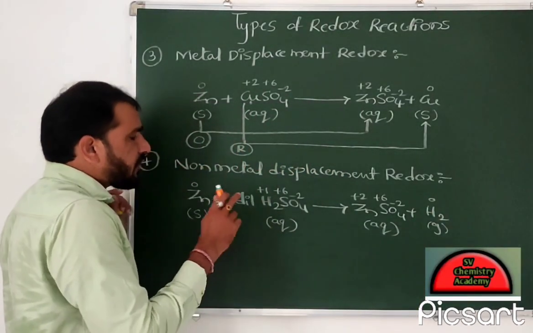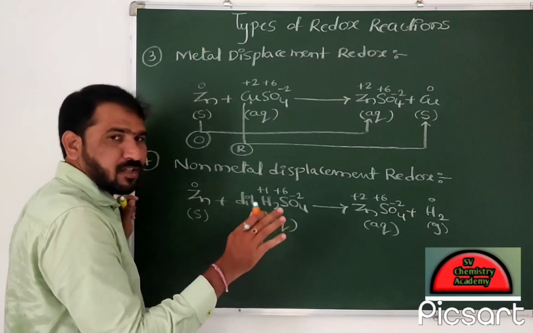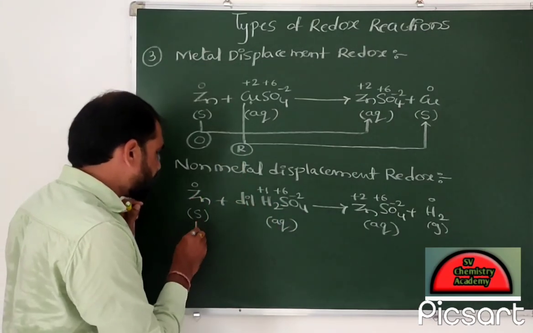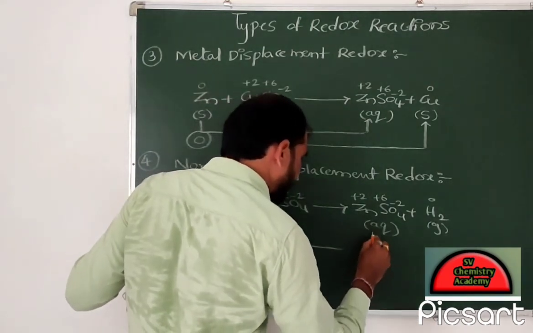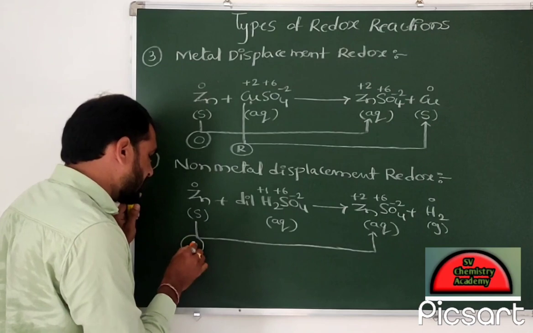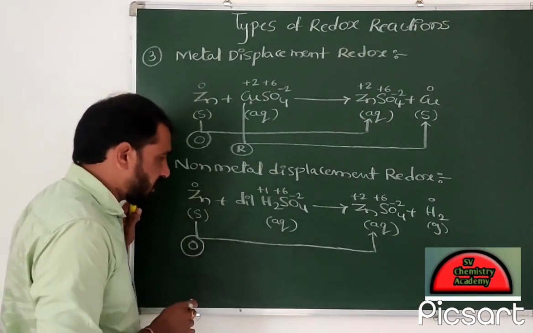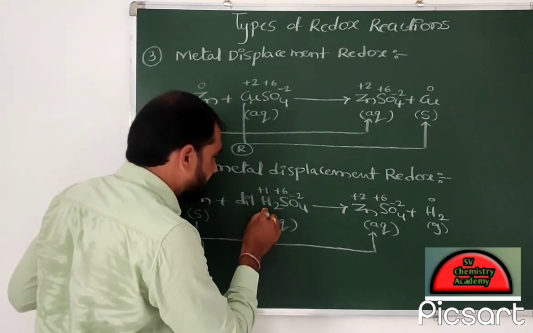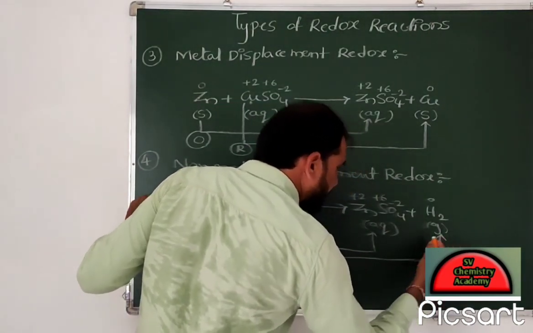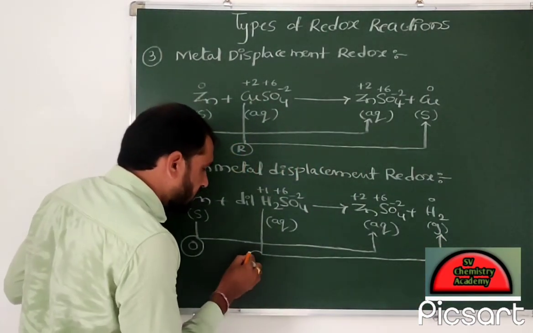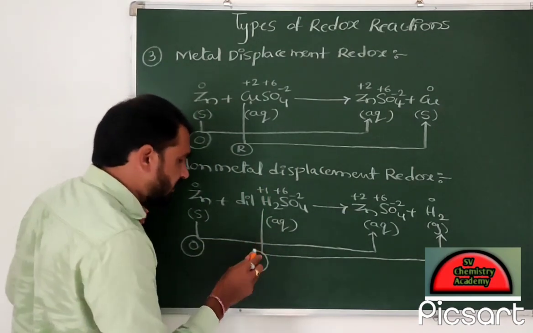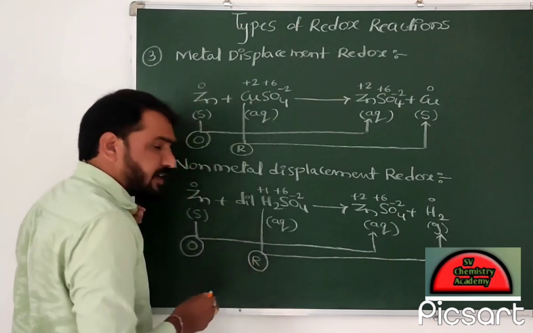Okay. There is no change of oxidation state of sulfur and oxygen, so I need not concentrate on them. But zinc's left side oxidation state is 0, and the right side is +2. An increasing oxidation state is called what here? Oxidation. Then hydrogen on the left side is in +1 oxidation state, but on the right side its oxidation state changed to 0. So here, by gain of electrons, the positive oxidation state decreases. So this process is called reduction.